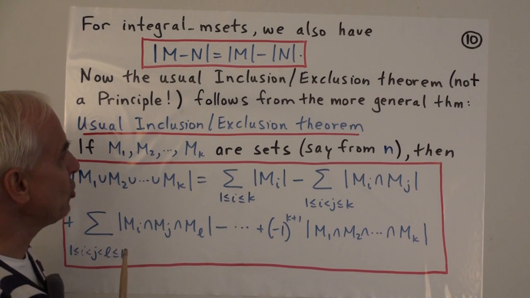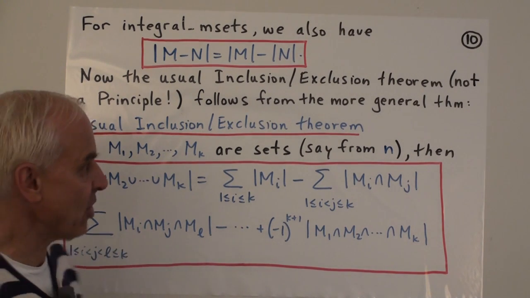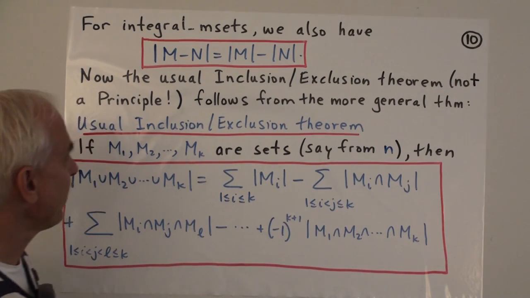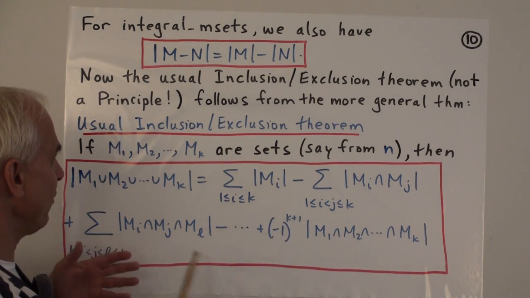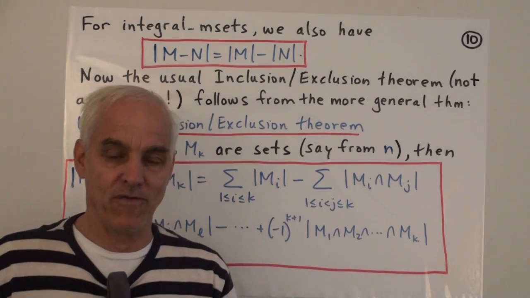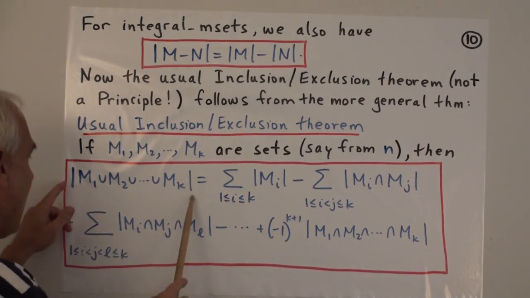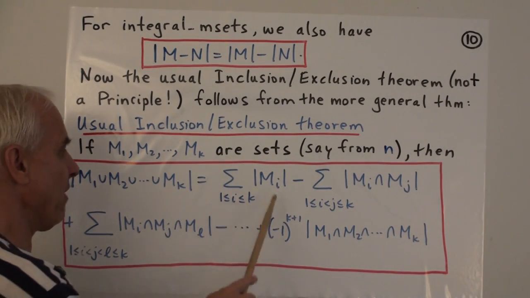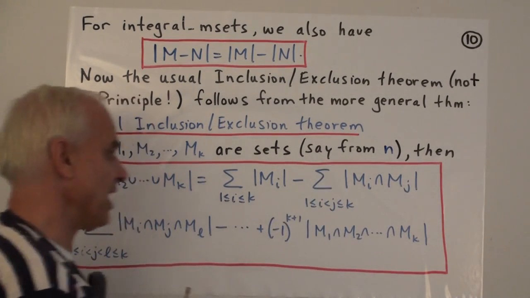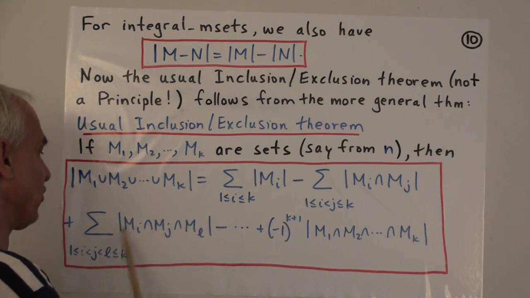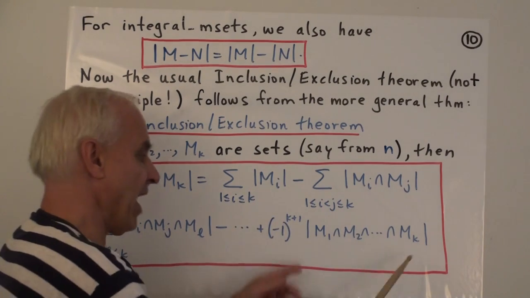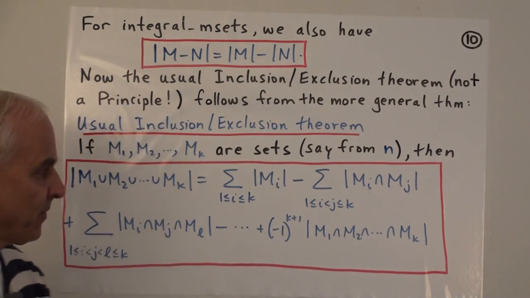So now we can say that the usual inclusion-exclusion theorem, let's call it a theorem because that's what it is, not a principle, follows from the more general theorem. So here is the sort of usual formulation given in terms of sizes of sets, where the size of the union is equal to the sum of the sizes of the individual sets minus the sum of the sizes of the intersections plus the sum of the sizes of the triple intersections, and so on, all the way up to minus 1 to the k plus 1 of the size of the k-fold intersection.